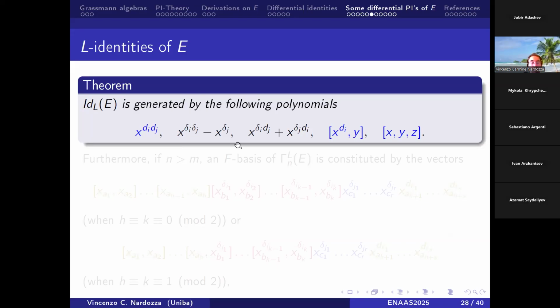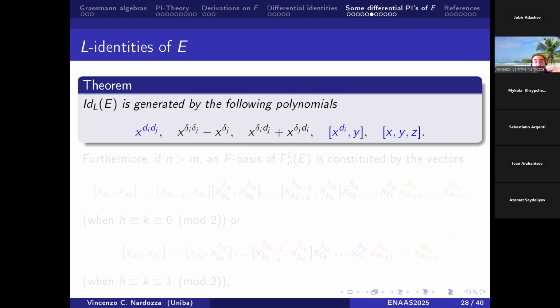So you see these blue writings are precisely the same identities as before, and they come from the fact that a part of these derivations is constituted by inner derivations. But there are these other two relations, two polynomials involving double derivations and a sum of doubly derived letters.